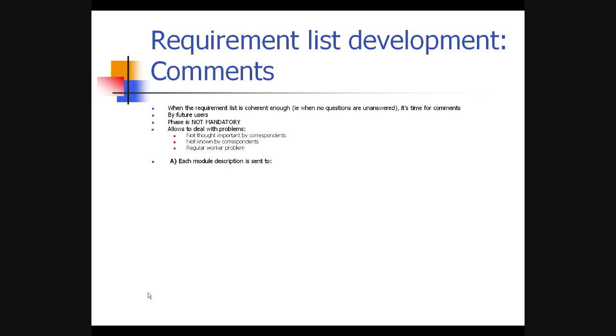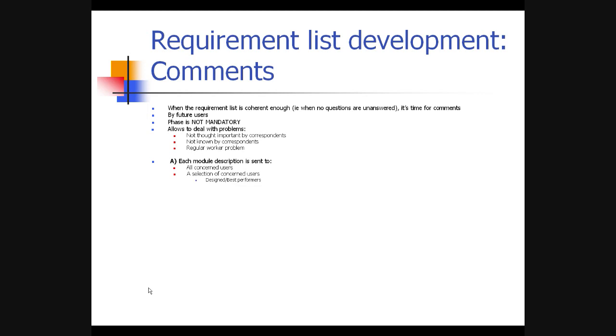So to do that, each module description, the detailed description that is now in the requirement list, is sent to all the users that are concerned by that module. For example, the description of the billing function is going to be sent to everybody who is creating bills, or more reasonably in some big organizations, to only a selection of users that are concerned by each point.